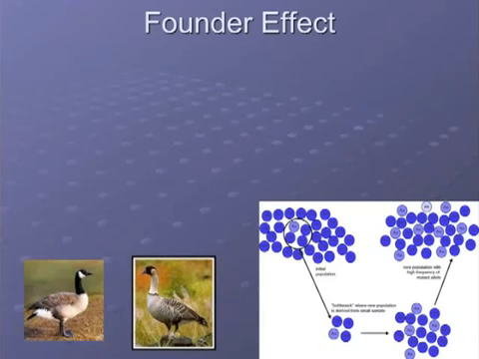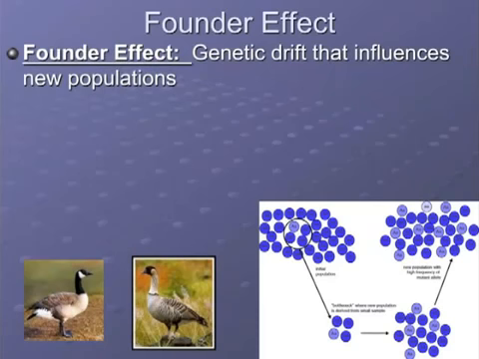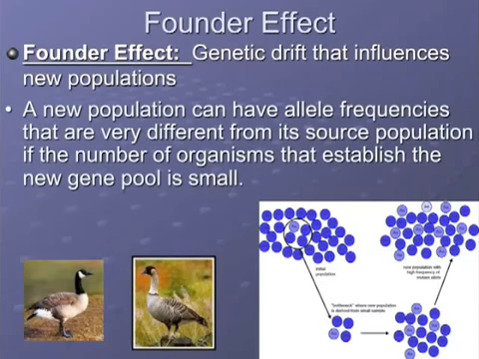And then there is the founder's effect, which is a version of large populations going to small populations. It's genetic drift that influences new populations. So a new population can have allele frequencies that are very different from its actual source population. If you look on the right, you have an initial population of a lot of dark blues and one lighter.